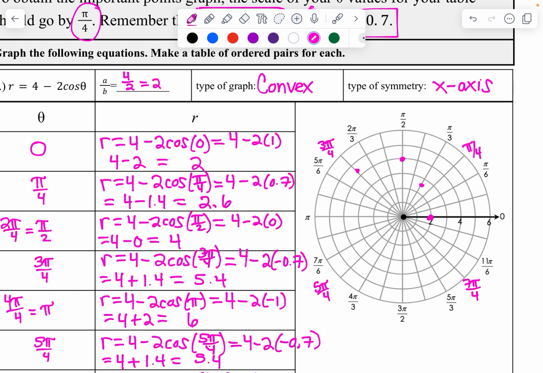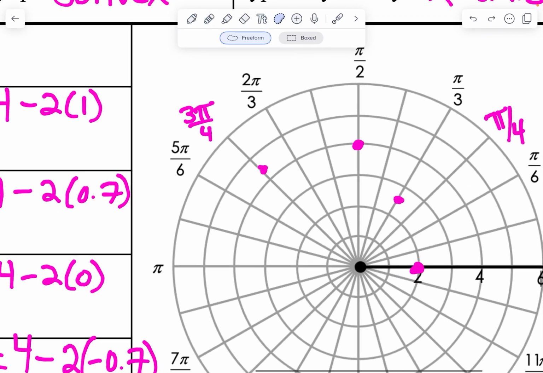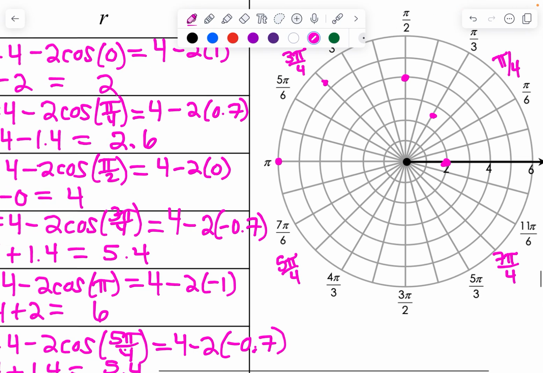At pi, we're out at 6. No, I did not send this one quite far enough. Let's see, 1, 2, 3, 4. This one I need out here, sorry. And then this one's all the way at 6.